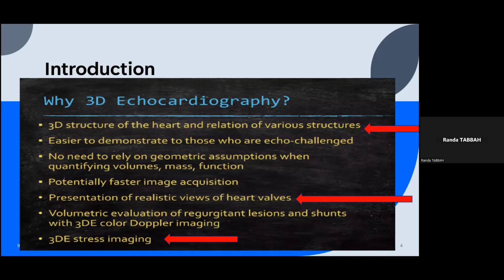Also, we can have a more realistic view of the heart valves, a better evaluation of volumetric regurgitant lesions and shunts, and also 3D echo Doppler, and even some stress imaging with 3D echo.